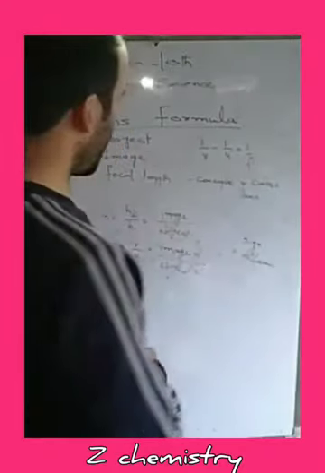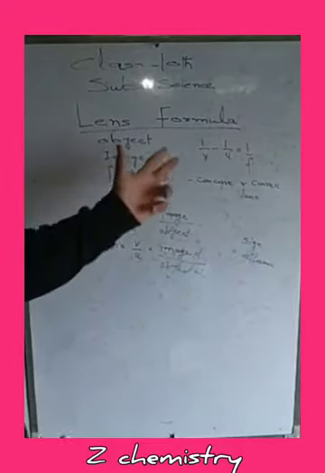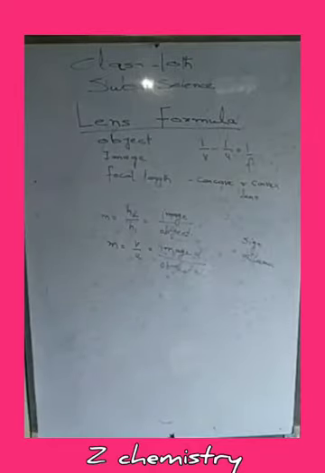This relationship is shown as 1 by v minus 1 by u is equal to 1 over f.